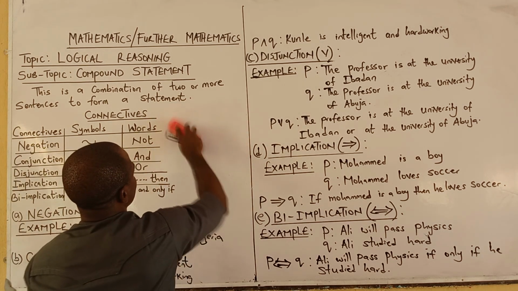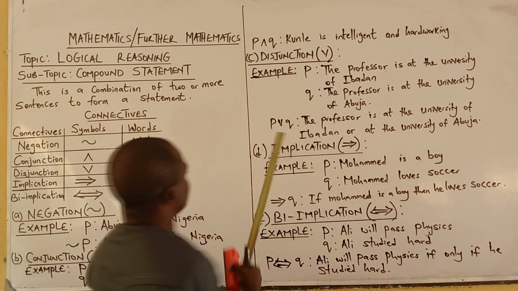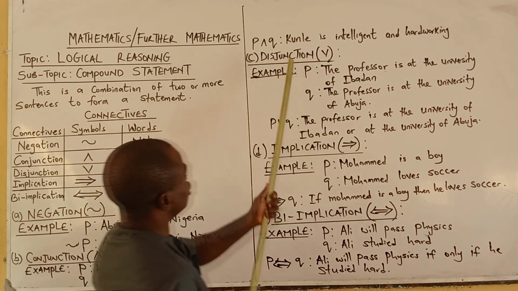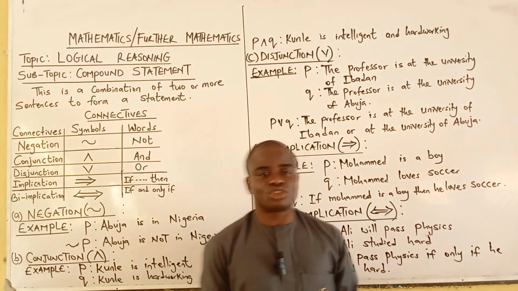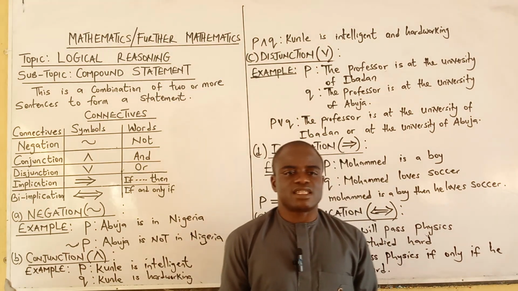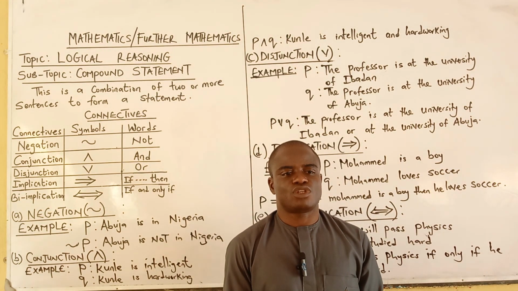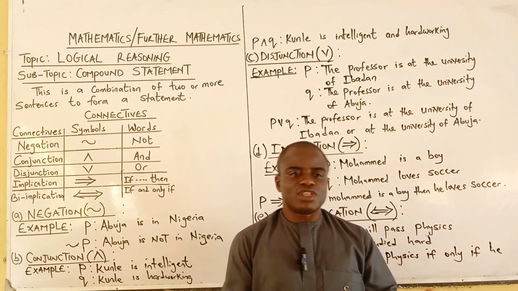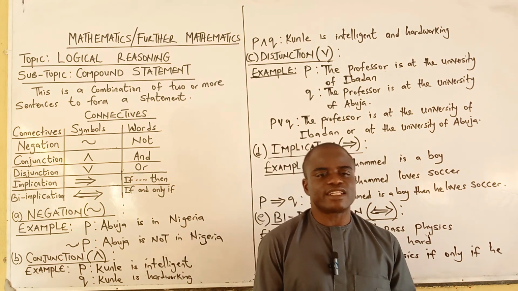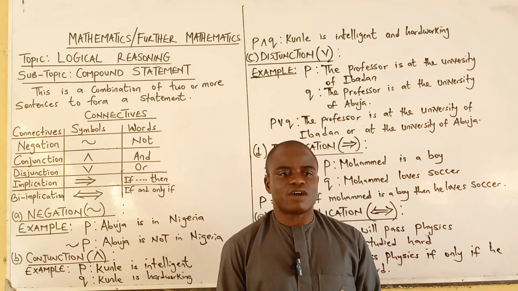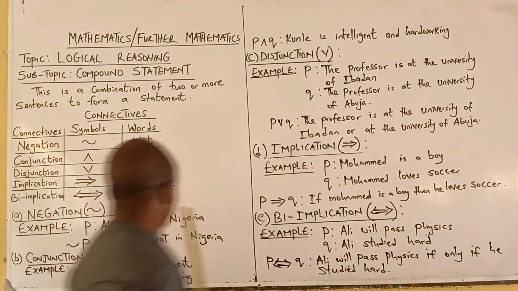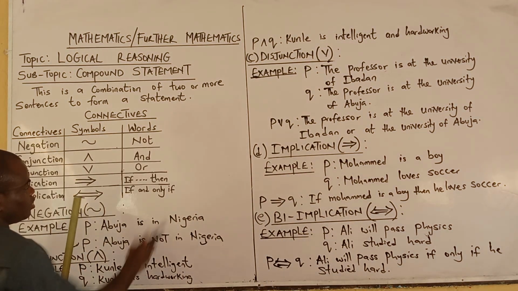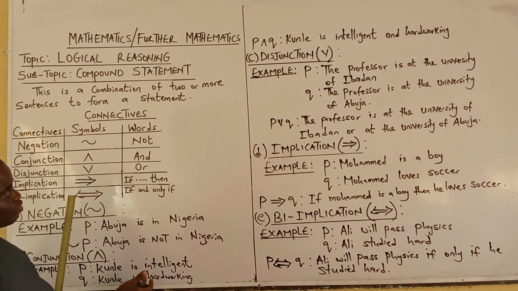Let's come to the third one, which is disjunction. Under disjunction, the statement is false if both the antecedent and the consequent are false. Otherwise, it is true. You can see that it's the opposite of what you have in conjunction.